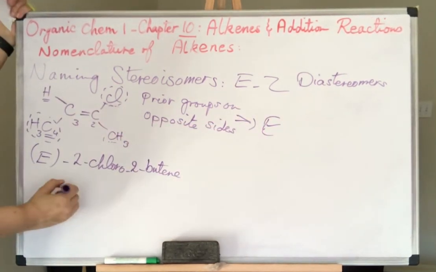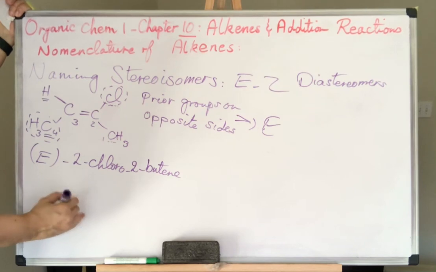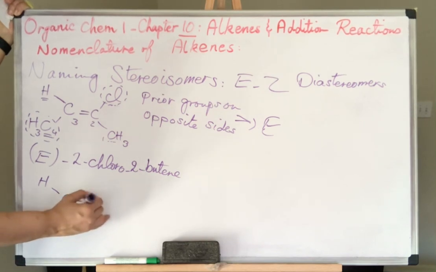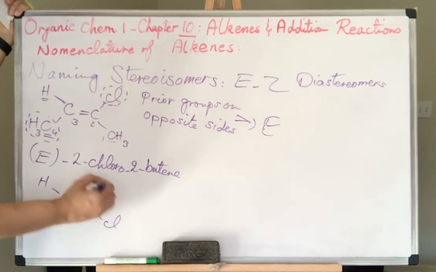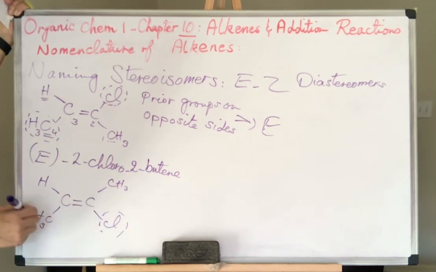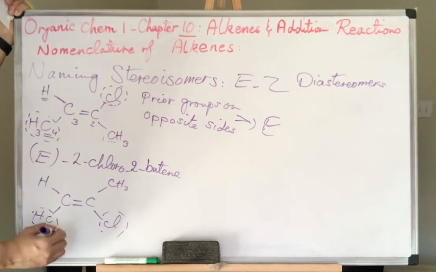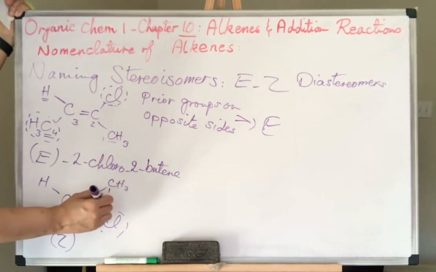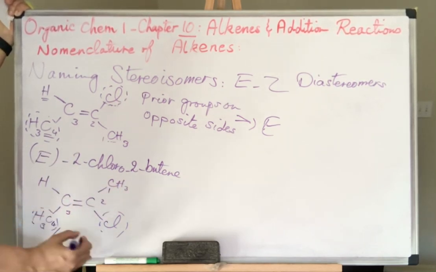But suppose that you have such an isomer. This is the same, but chlorine comes on this side now. So now the 2 prior groups are on the same side. Such an isomer is called Z. Since this is the same exact compound, the name is going to be the same.